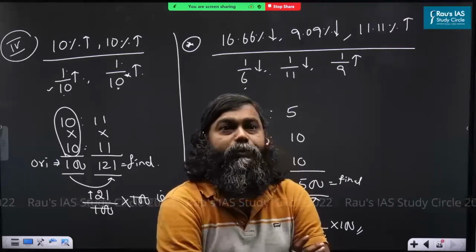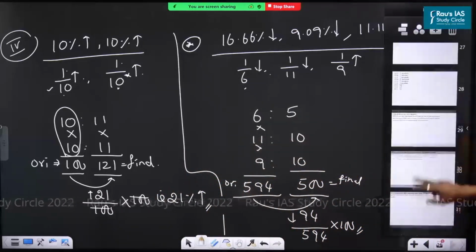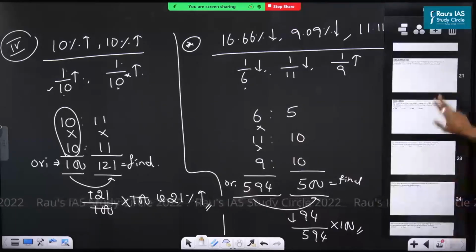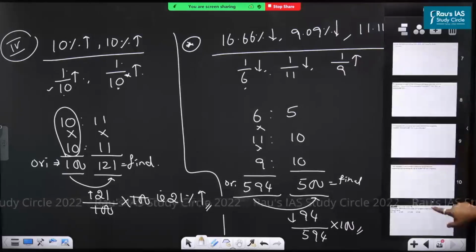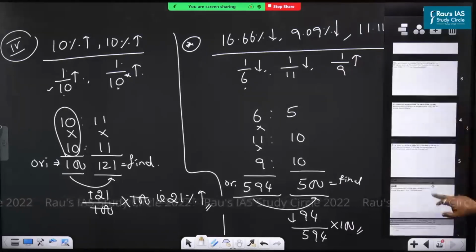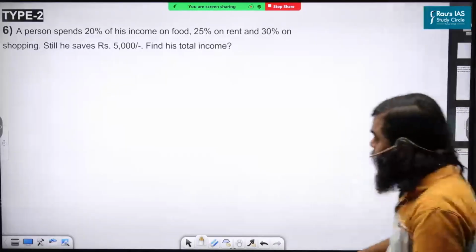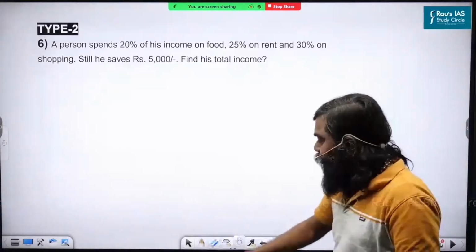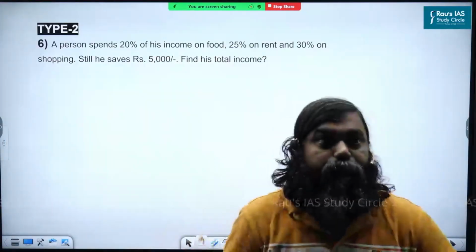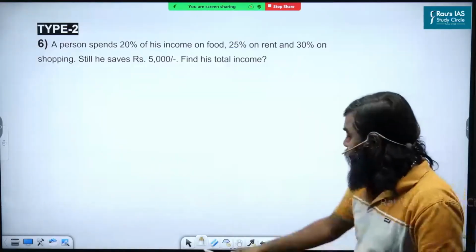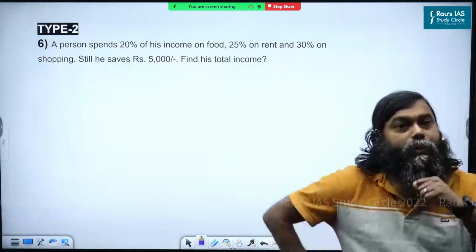Okay. So we will see some examples related to successive changes. Is this question suitable for successive changes or not? Not suitable.